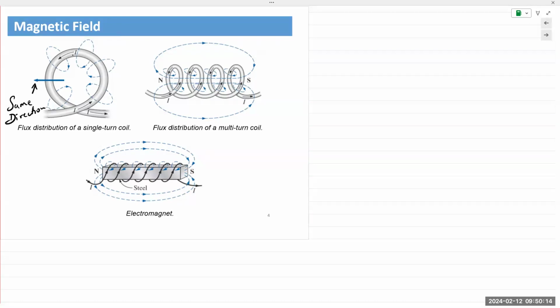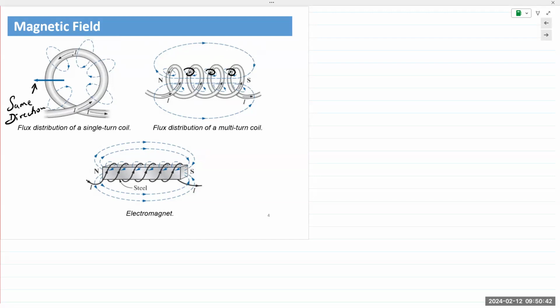If you increase the number of loops in this current carrying conductor, the magnetic flux gets realigned. You have smaller loops or smaller lines, plus a longer line is also established where the magnetic flux flows in and out of the entire loop.